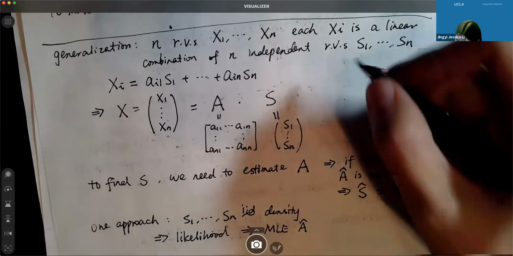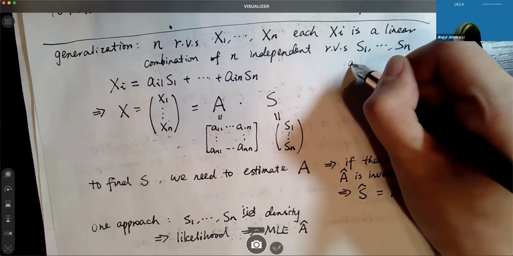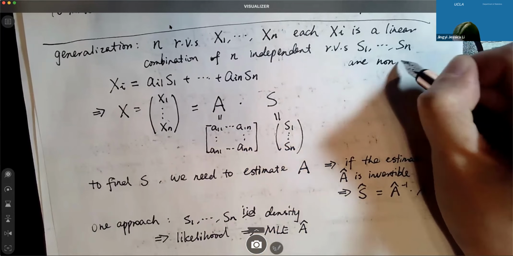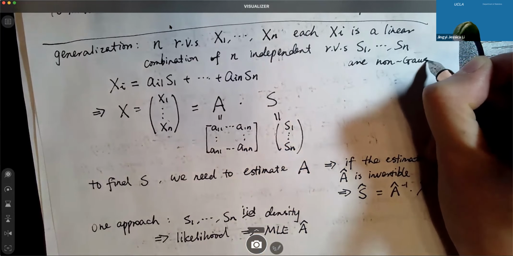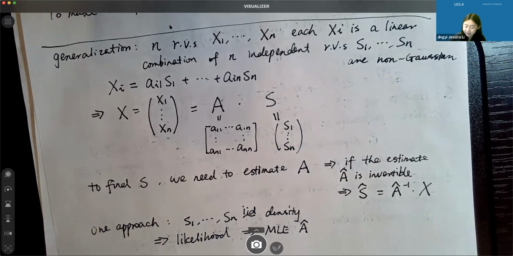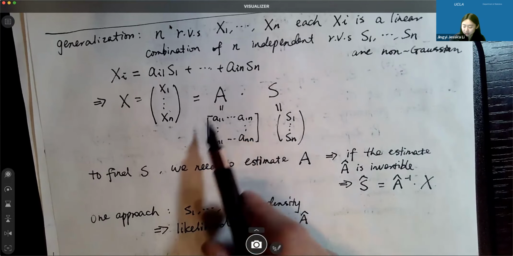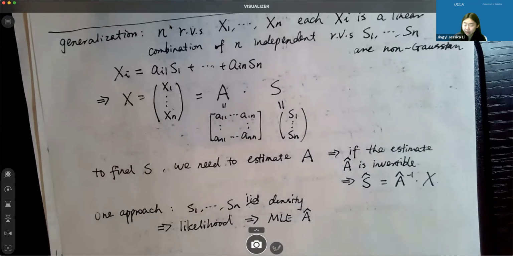So this is only identifiable when these are non-Gaussian, non-normally distributed. They don't have that symmetry, so they cannot be rotated freely. That can give us a deterministic solution, so that makes the solution identifiable.